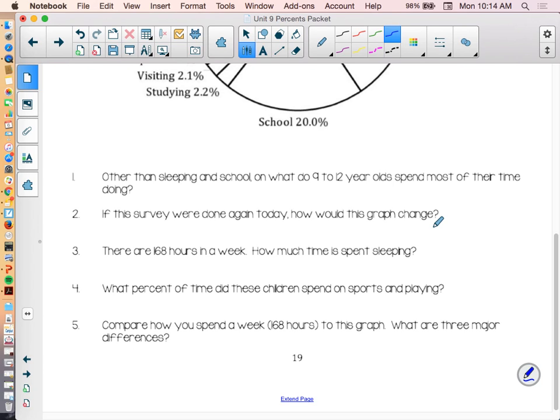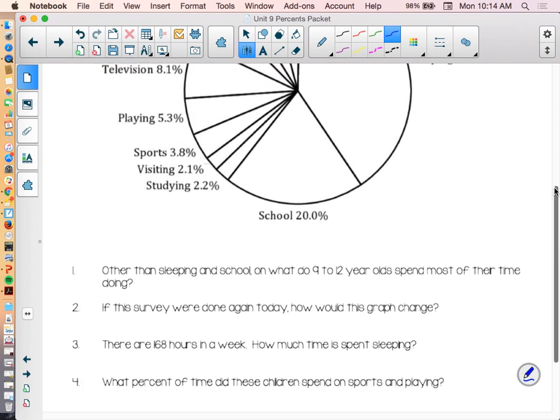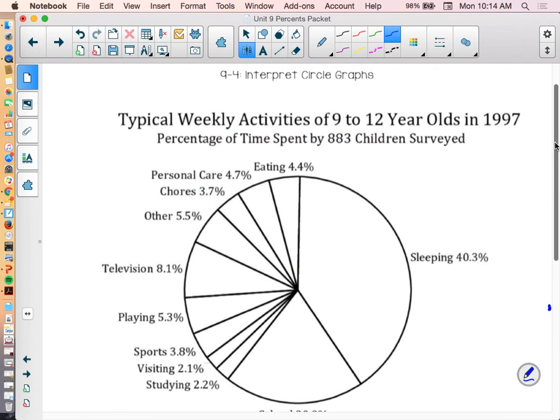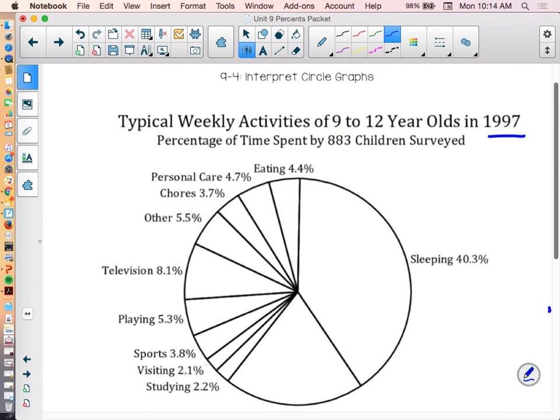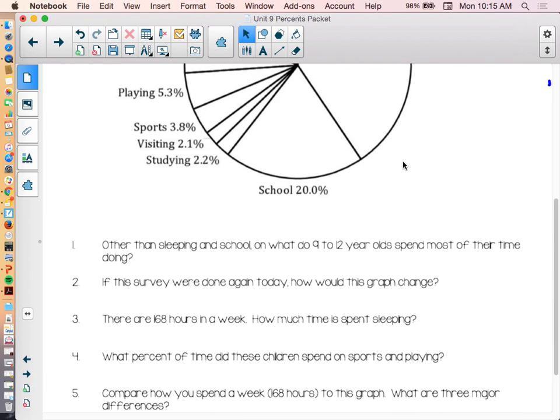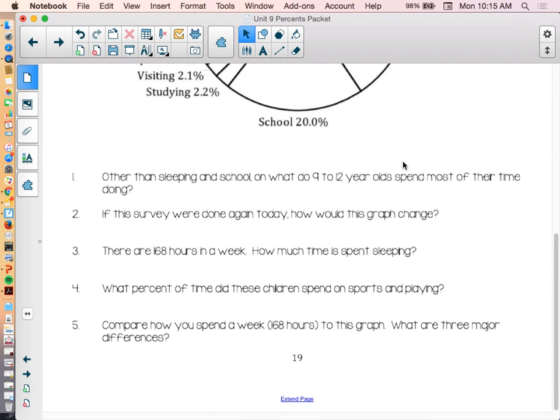And if this survey were done again today, how would the graph change? Take a look at what year it was made. This is in 1997. So that was when I was about your age. Actually, no. A few years off. But it's definitely a long time ago.